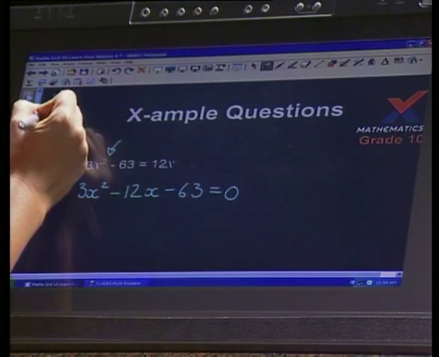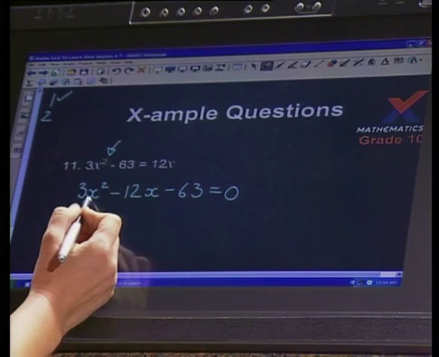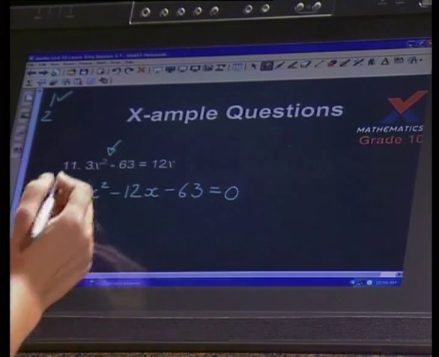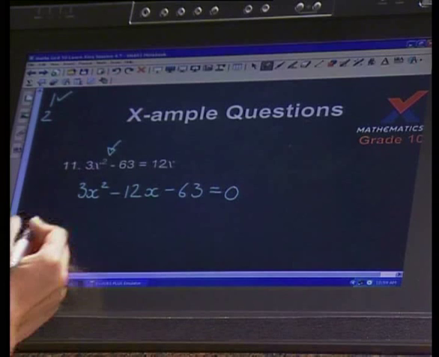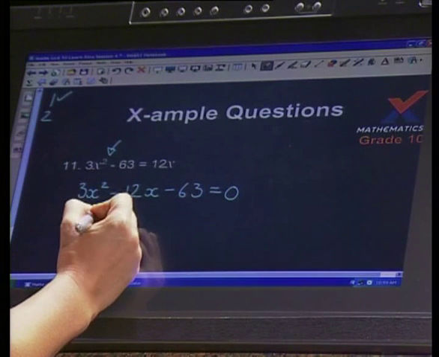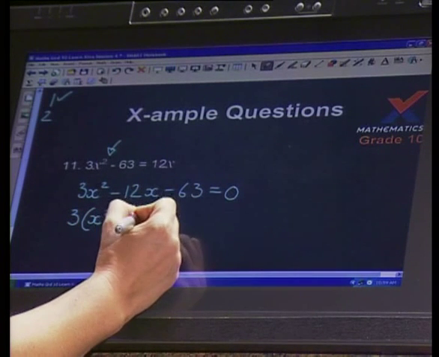What is step 2? To factorize. The first thing I need to look for is a common factor. 3x squared minus 12x minus 63. What do all of those numbers have in common? 3. So I'm now left with x squared minus 4x.